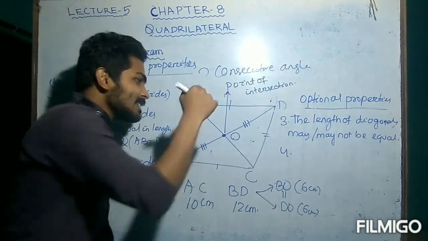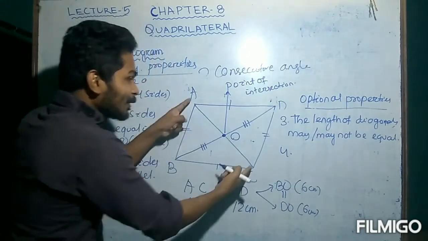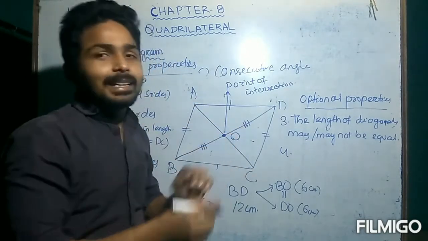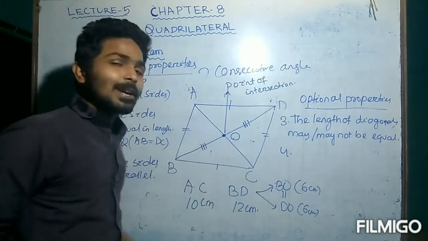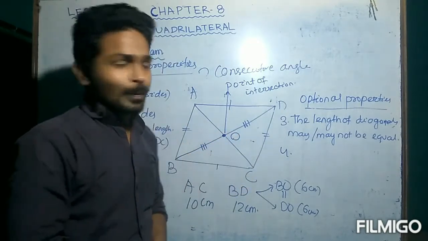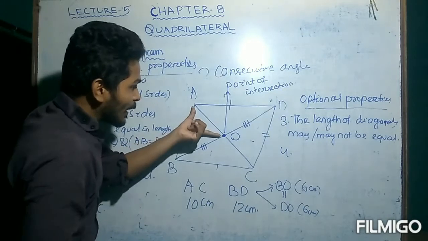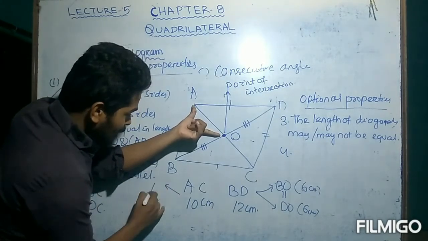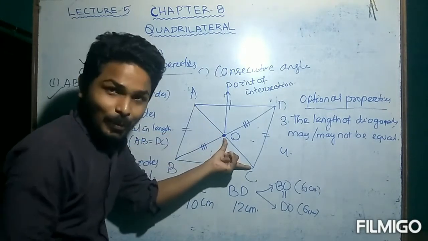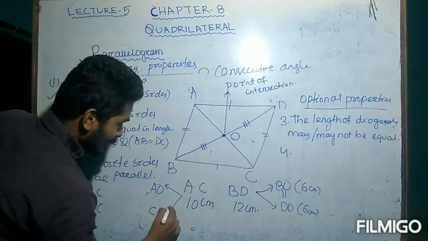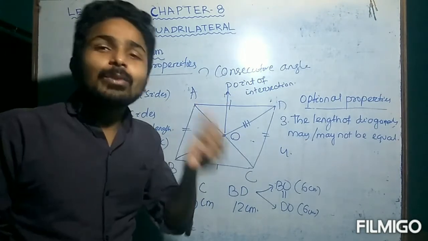Similarly, at the same point of intersection, the other diagonal AC is also bisected. It means AC is divided into another two equal halves. What are the two halves? One is AO, another is CO. And these two halves are equal.